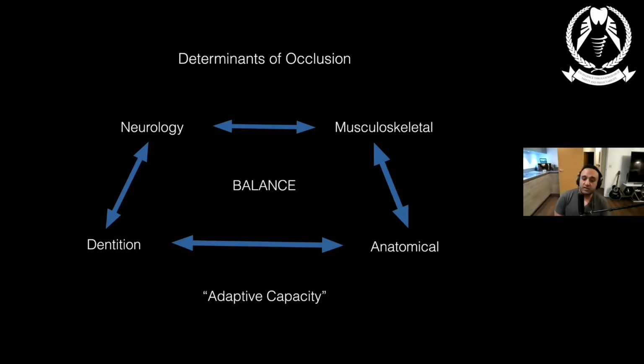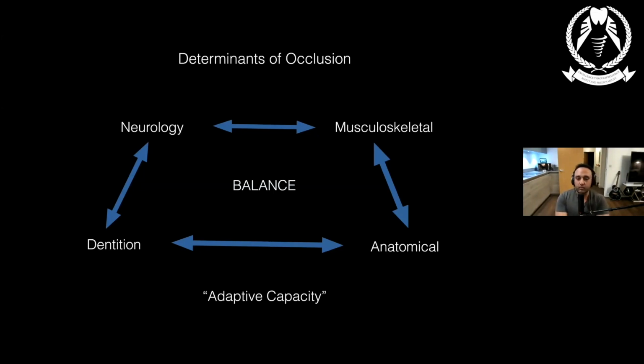Everyone looks different and has different anatomy. They have different sizes of mandibles, different sizes of maxilla, different angulations of the maxilla. And lastly, one of the determinants is the dentition itself. If you're controlling the dentition side of it, the balance of everything else has to adapt to slight changes.